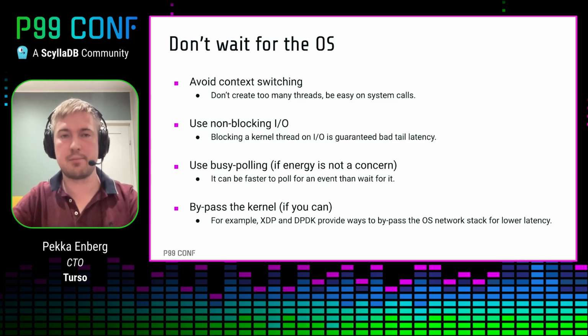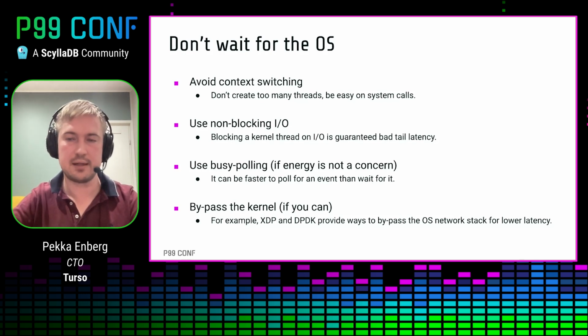So busy polling is often an interesting way to avoid waiting and reduce latency. And then finally, you can also try to bypass the kernel completely if you can. For example, XDP and DPDK provide ways to run the network stack in your application. This opens up a lot of possibilities again for avoiding waiting on the operating system to do things.